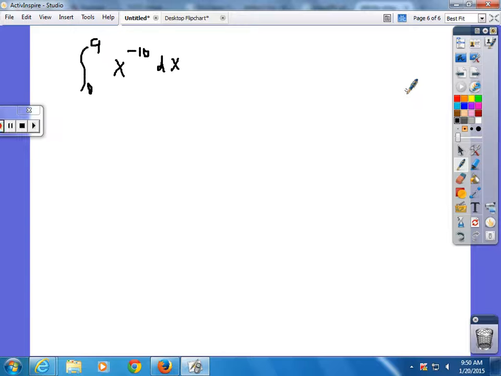Negative 9 over negative 9, right? I don't care how you do it. You do whatever you want. That's going to give us x to the negative 9 over negative 9 evaluated at 0 and 9.